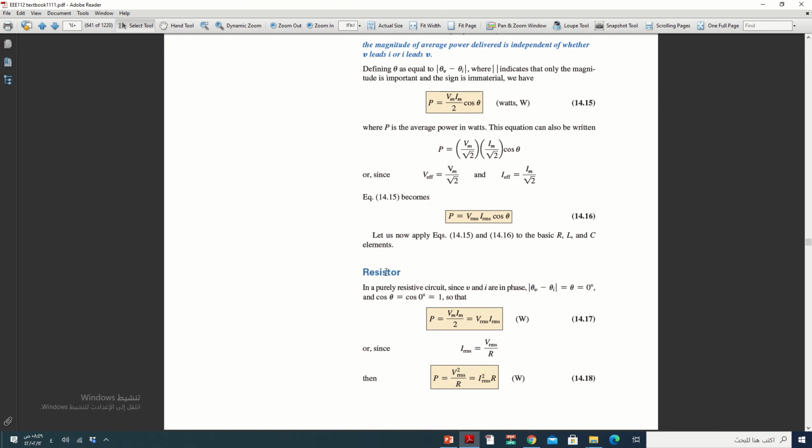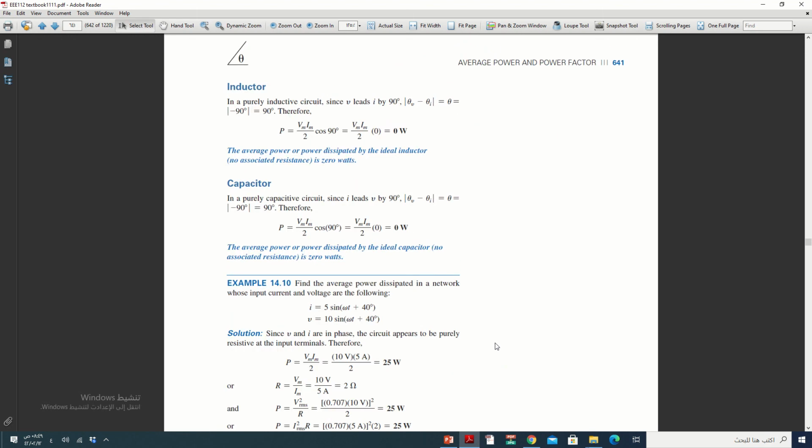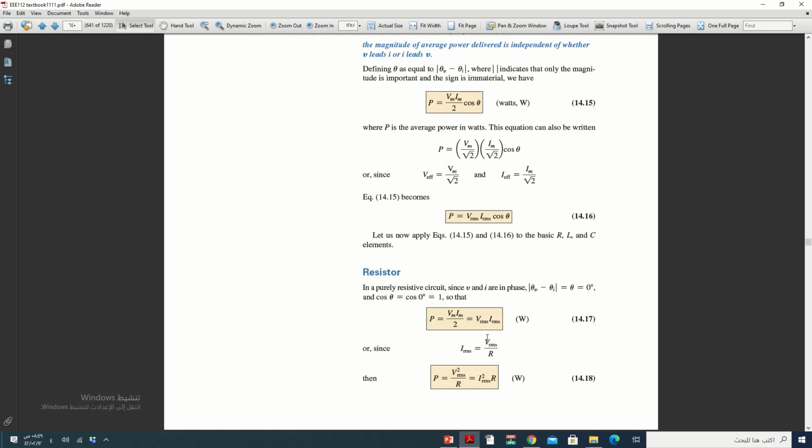This means if you substitute theta 0, cosine theta equals 1, and you don't need to write it. This means the power equals V RMS multiplied by I RMS. Or you can apply the other form of the formula, V squared RMS over R, or I squared RMS multiplied by R.